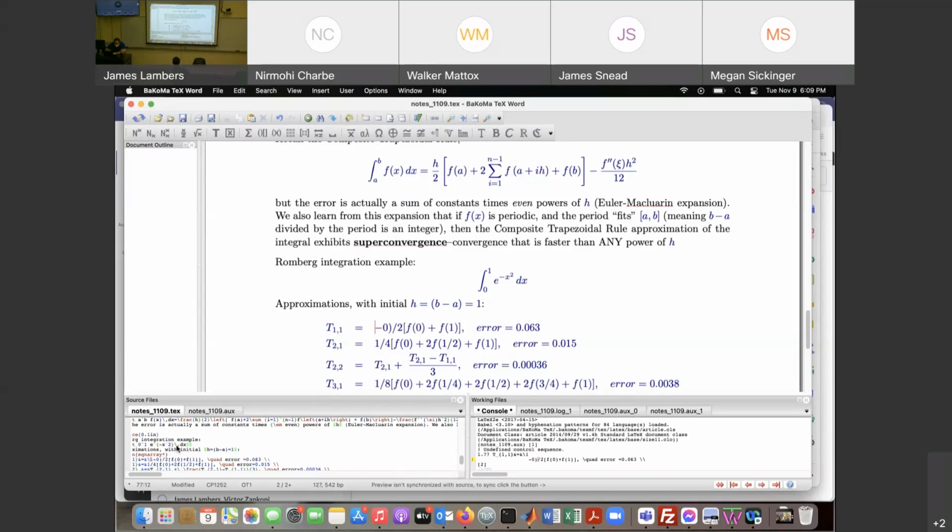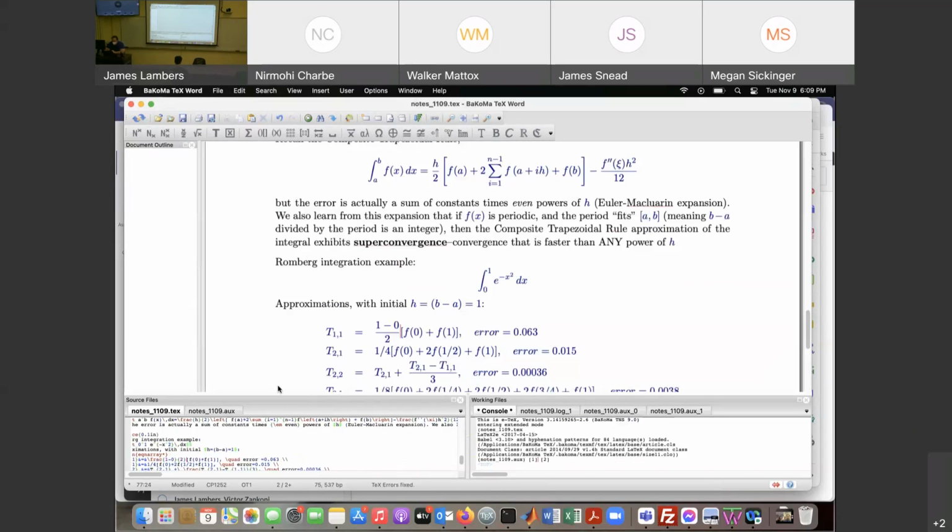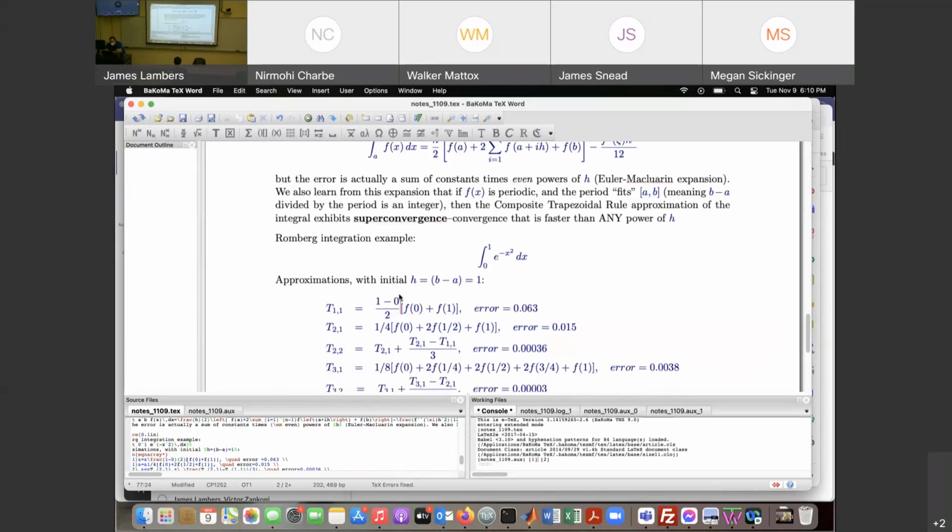Okay, so the trapezoidal rule is b minus a over 2 times f at the left endpoint plus f at the right endpoint. So that's all we have here, and here's the error.